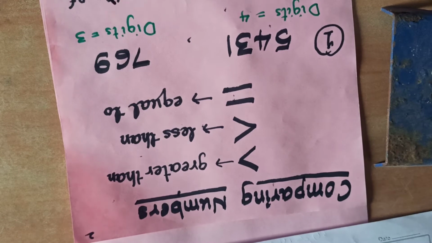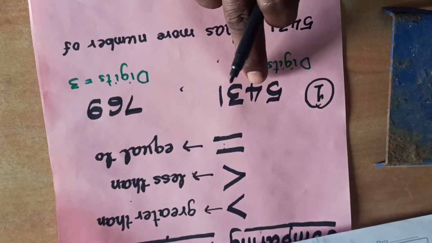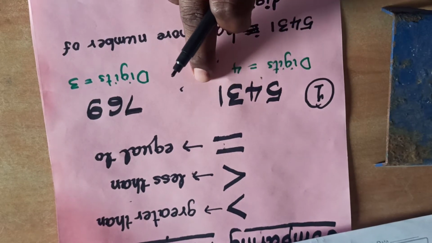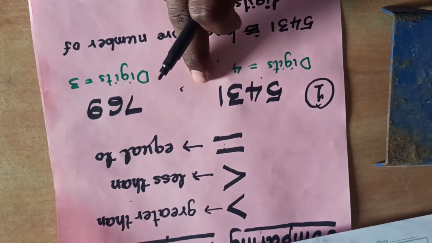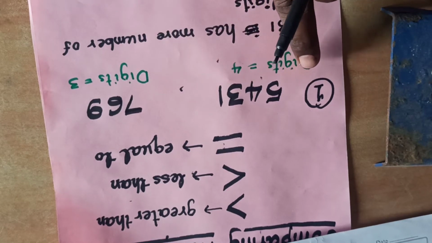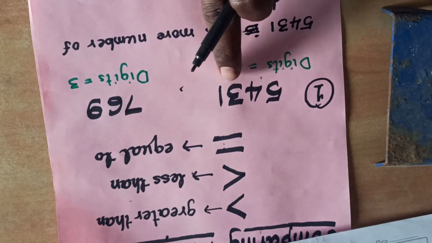How do we compare? Let us take one example: 5431. How do we compare the numbers?